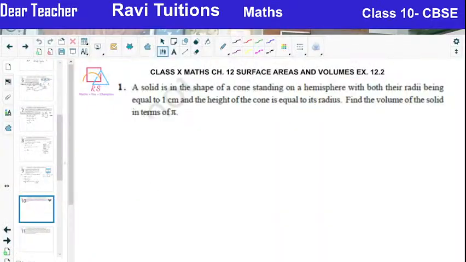So let us start our exercise. Now we are in exercise 12.2 and question number 1. I hope you are able to read the questions, right?